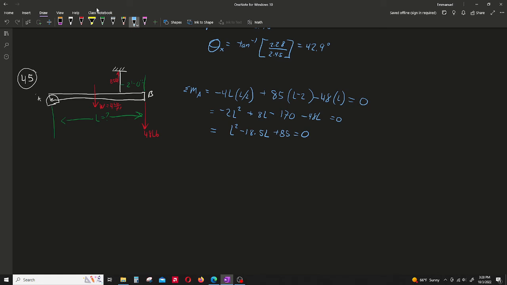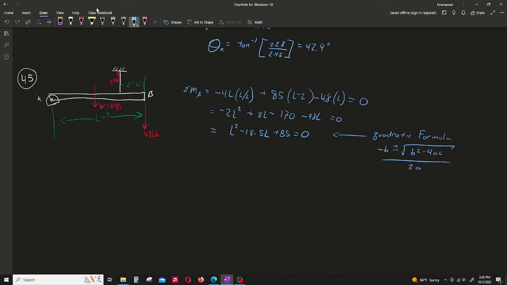From there, we can use the quadratic formula, which we haven't used in a while, but we mentioned it in chapter 1 or 2. This is something you learned way back in high school. We use the quadratic formula when we have a variable squared: negative b plus or minus the square root of b squared minus 4ac, all over 2a.